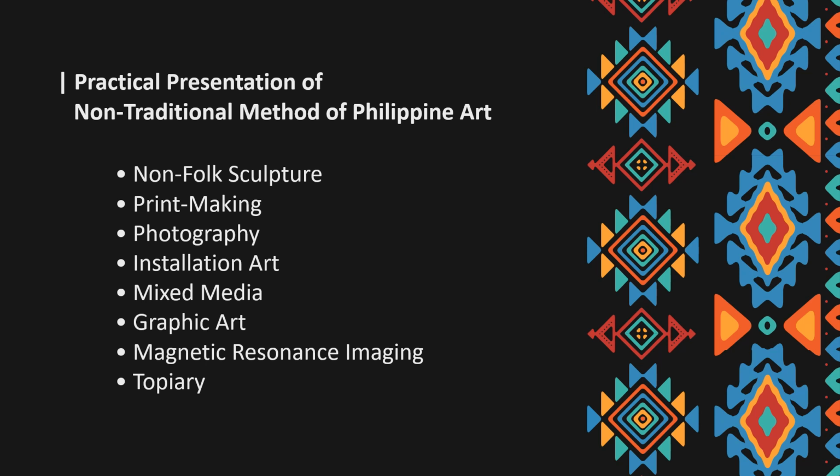These arts may use different materials including cloth, paper, wood, seeds, beads, and other found objects. We also have graphic art, and then we have magnetic resonance imaging or MRI. This method is mostly used in the medical field.